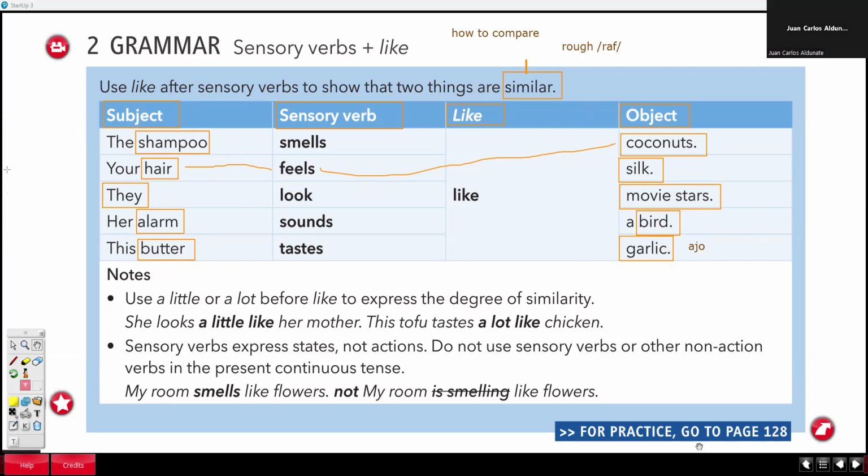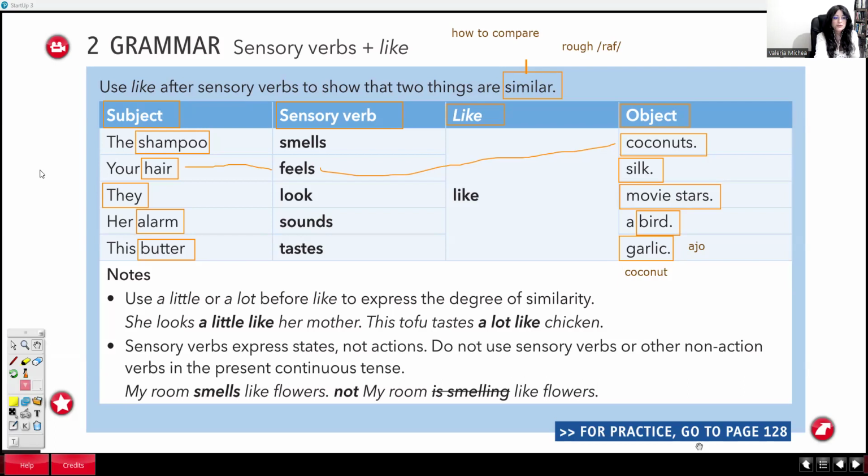This butter tastes like coconut. Yes, it makes sense. It could be a very weird butter, but it could be possible. With taste, almost anything related to food would make sense, but it also needs some kind of context. So whenever you're making your comparisons, please make sure that they make sense.